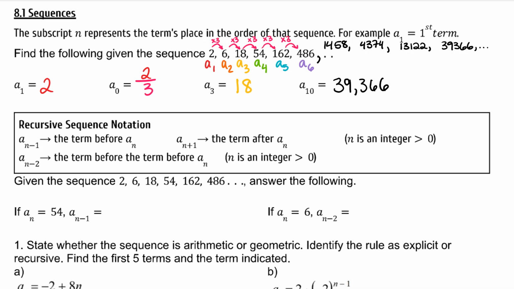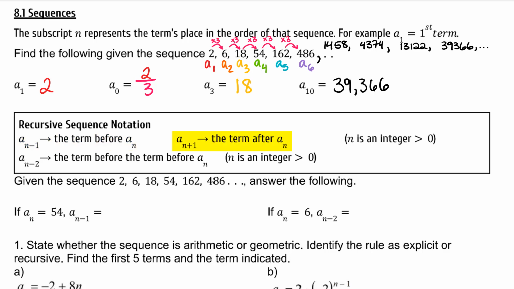Recursive sequence notation. To write a recursive rule for a sequence, we refer to given terms, making it so that the only way to find a certain term in the sequence is to write out that entire list. But an explicit rule gives you a rule that you could plug in any value of n and get the desired term. Some notation would be a subscript n minus 1 is talking about the term that comes right before a subscript n.